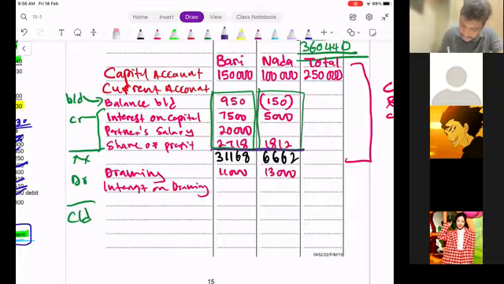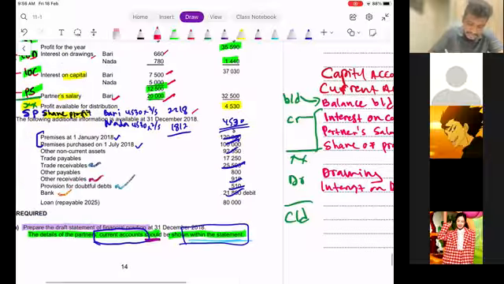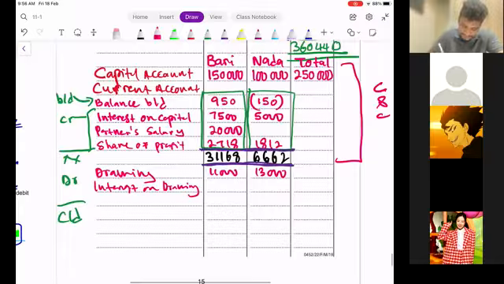You can double line this to show that this is the total. After that, interest on drawings is 660, 780. And then you total up again.